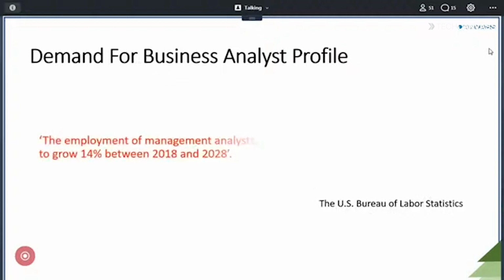This is from the US Bureau of Labor Statistics, which stated that the employment of management analysts, including business analysts, is expected to grow 14%. Mind it, 14% between 2018 and 2028, in one decade only. This means that the whole analyst profession, including IT analyst, research analyst, product owner, architects and similar professionals, will be growing by 14%, which is way faster than the growth in any other field.